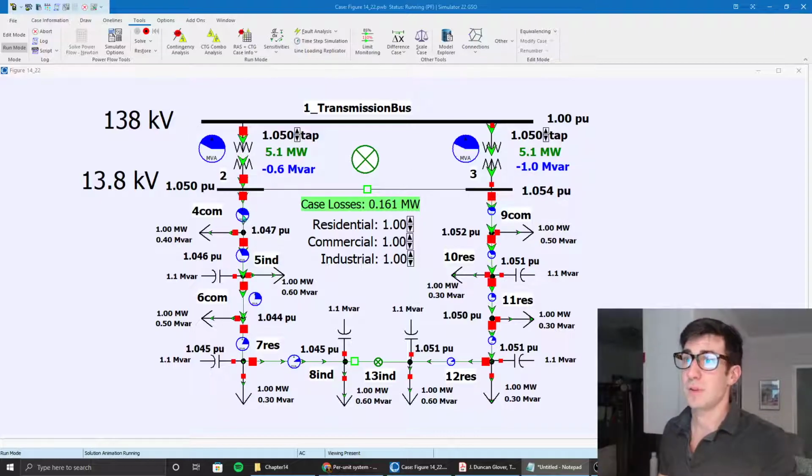Here's the basic elements of it. You can see that from the transmission bus we go down to the distribution level, and then this loops around and it returns to the transmission bus, so you really have two ways of power flowing. And this circuit breaker is intentionally left open under normal operations.